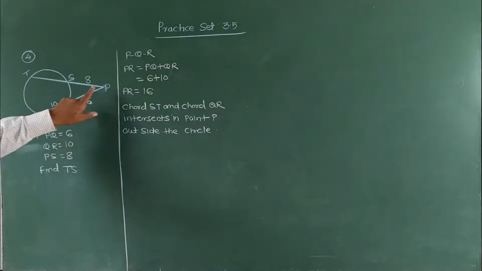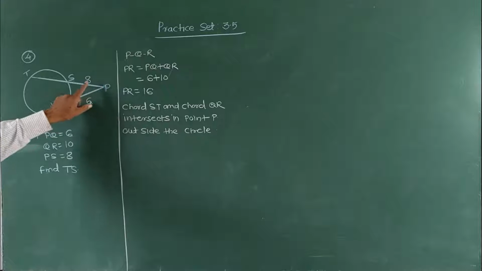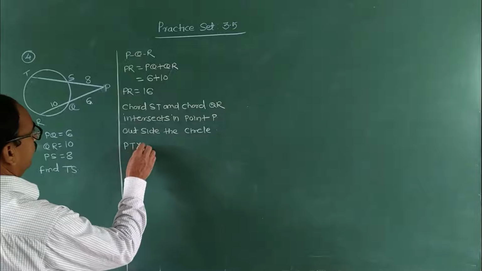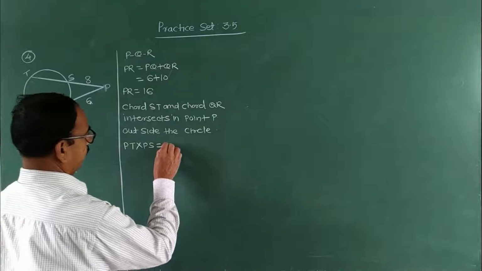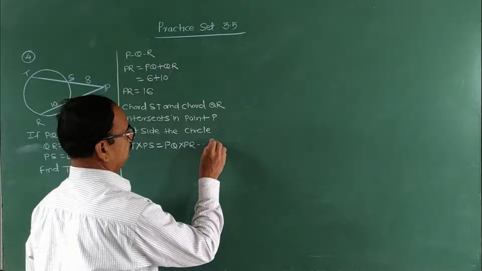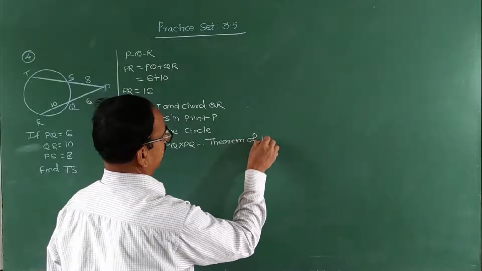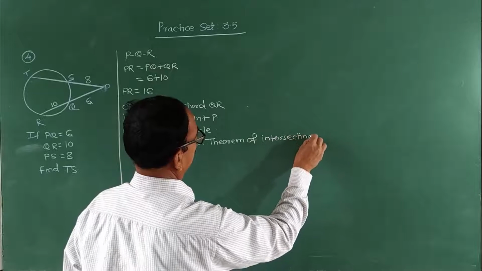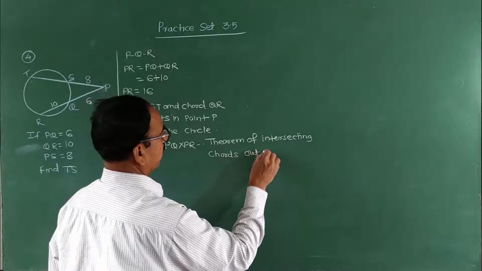So we can write PT into PS equal to PQ into PR. This is by the theorem of intersecting chords outside the circle.